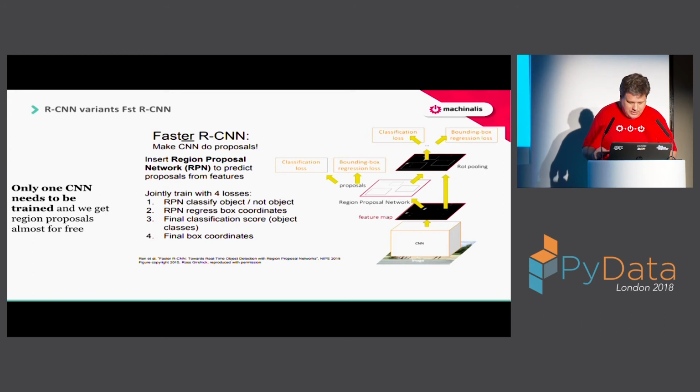And then just last year, 2015, the Faster RCNN architecture appeared, in which all the work we were describing in the first architecture is done by CNNs, from proposing regions to doing the final classification.